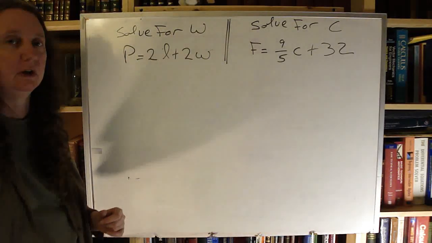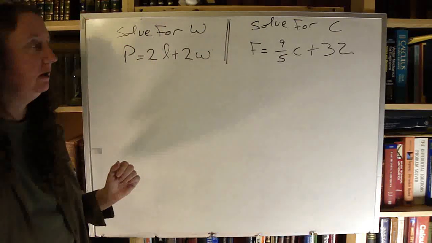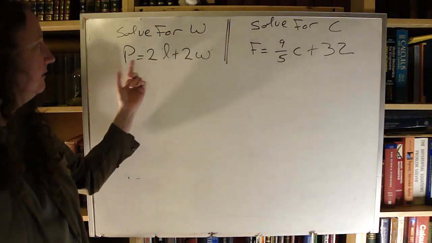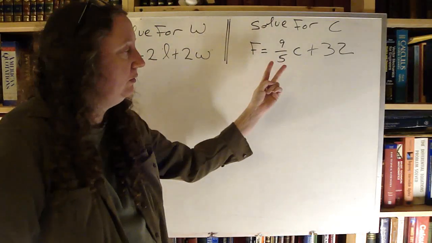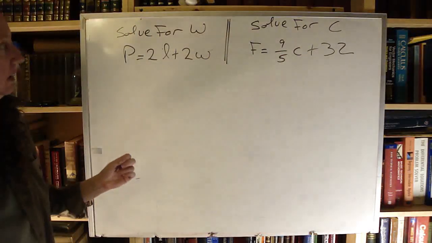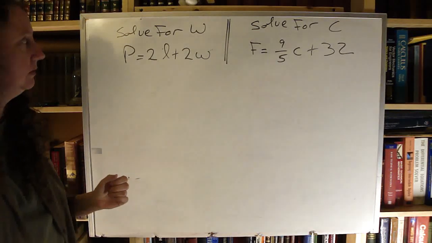We have two problems here where we don't have all of the numbers we need. We have 3 letters in there, and over here we have 2 letters. And the book is asking us to solve for one of those letters.